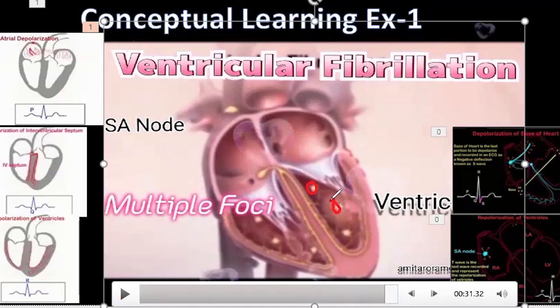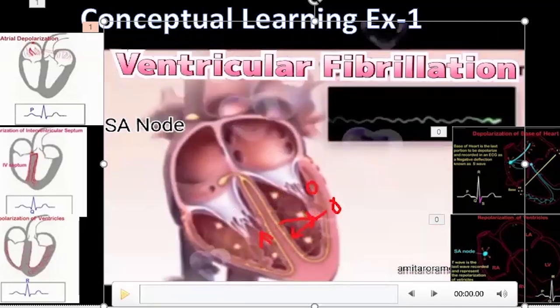They start depolarizing the ventricle in an asynchronous manner, and this suppresses the normal sinus rhythm. Since these impulses are asynchronous, there will be no net depolarization. And on ECG, you will see just a fibrillatory wave, as if some child had drawn an irregular line.